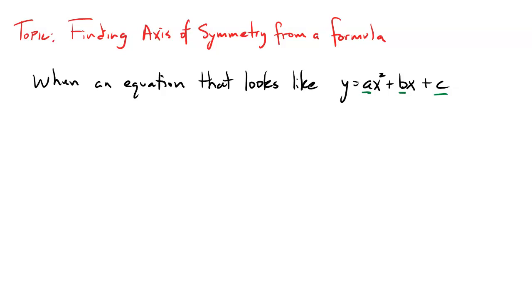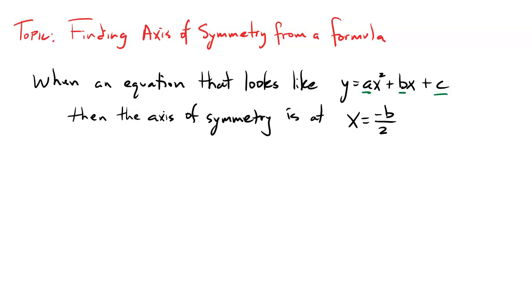The axis of symmetry we can find without even knowing what it looks like. If you're just given an equation, you can plug in the 2 numbers that you know and find where the middle of the parabola is.